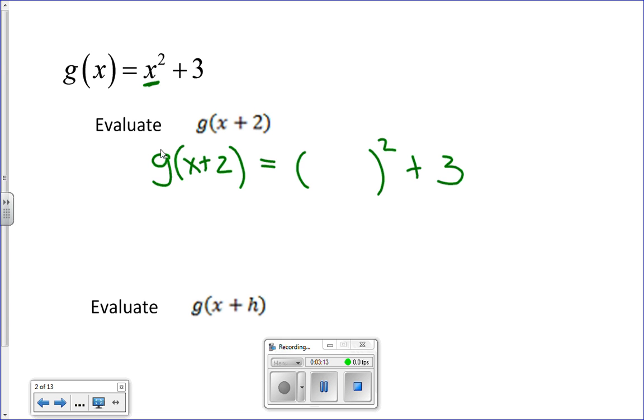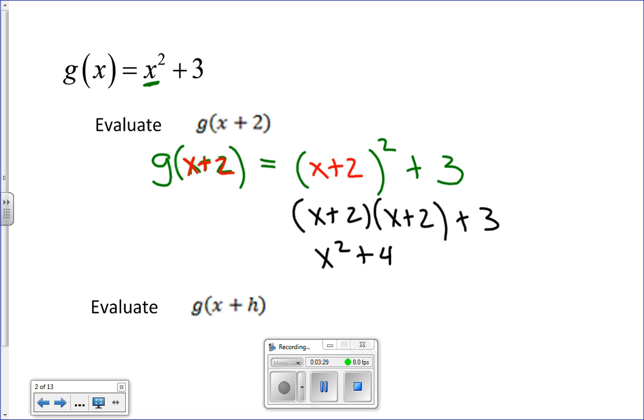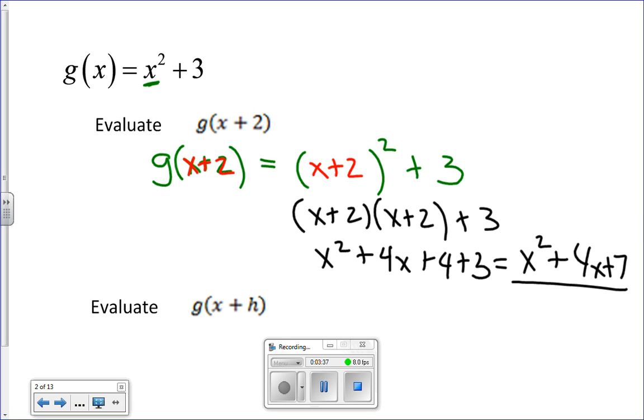So in this case, if the input is x plus 2, that is the item that I'll be squaring. We're going to want to simplify this. If I square something, that means I've got to write it times itself. And so let's FOIL. We'll get x squared plus 4x plus 4 plus the 3. So x squared plus 4x plus 7, and that would be the final answer.